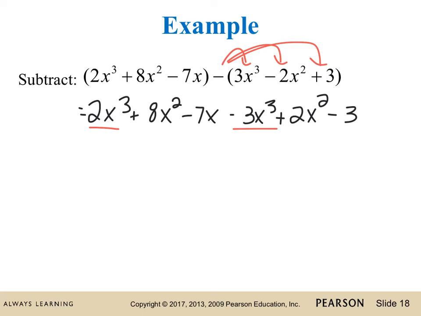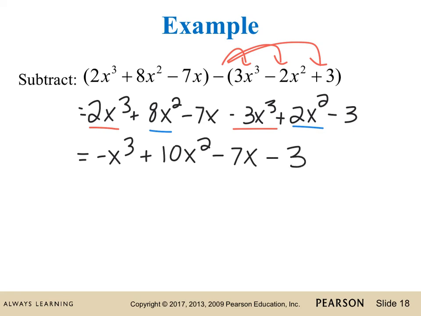My x cubed terms gives me negative x cubed. My x squared term is 10x squared. Then there's only one first degree or just x term, negative 7x, and one constant term, negative 3. So I get a polynomial with 4 terms in this case.